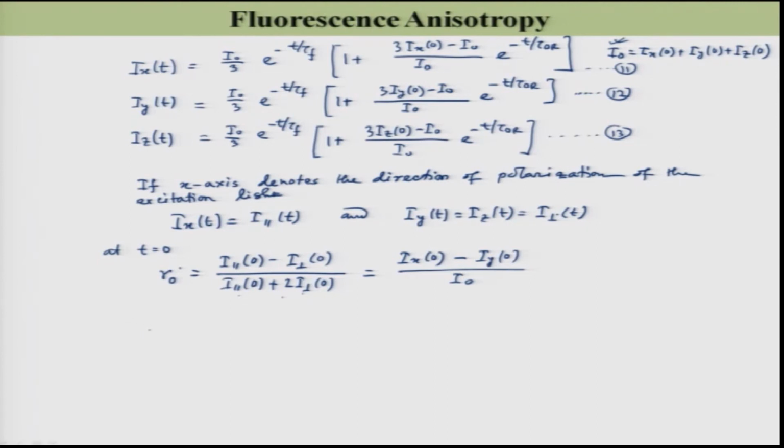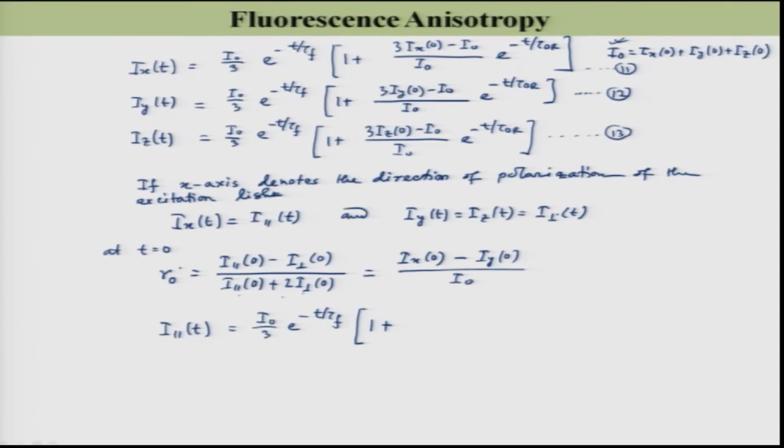Now, if I want to calculate this I parallel t, then this is nothing but I x t, right. So, I will simply write this equation for I x t. This will be equal to I 0 by 3 e to the power minus t by tau f into 1 plus 3 I x 0 minus I 0.